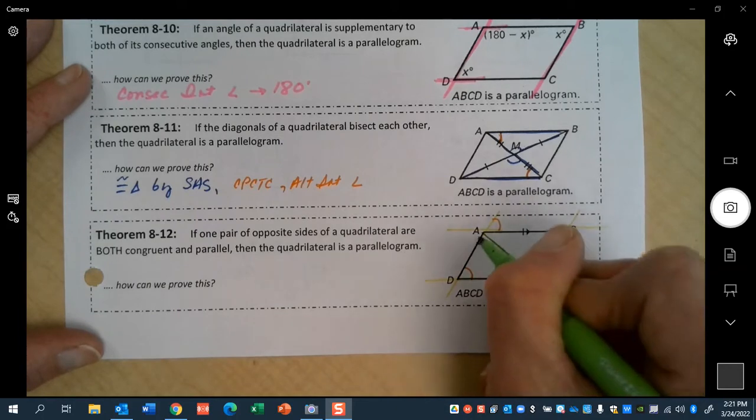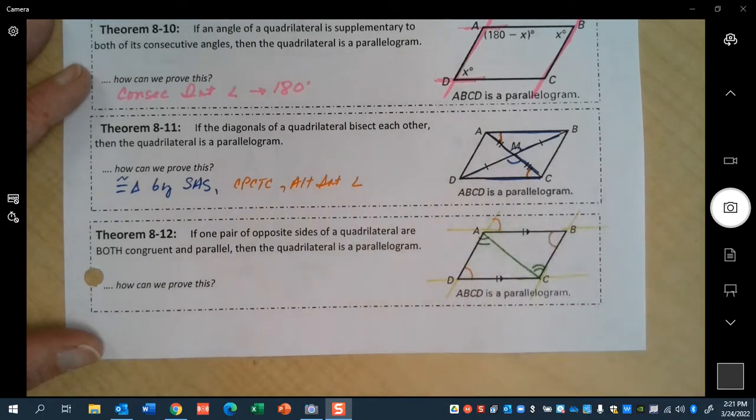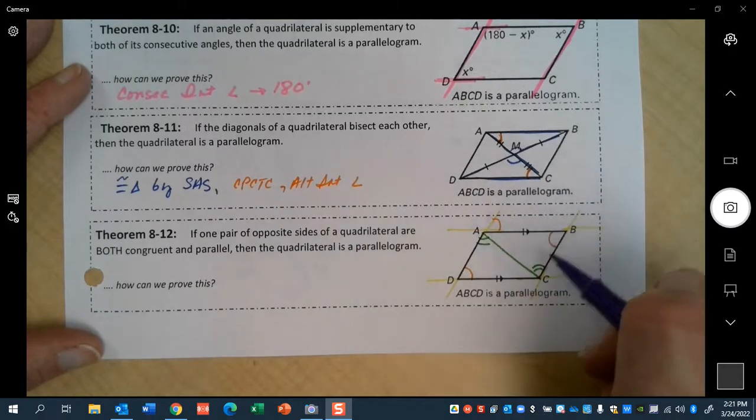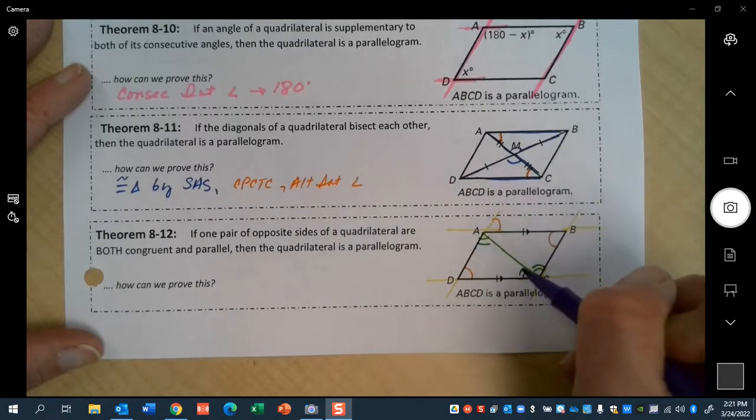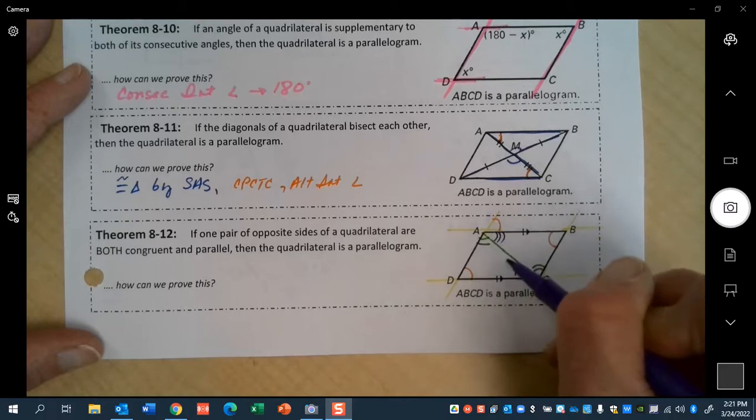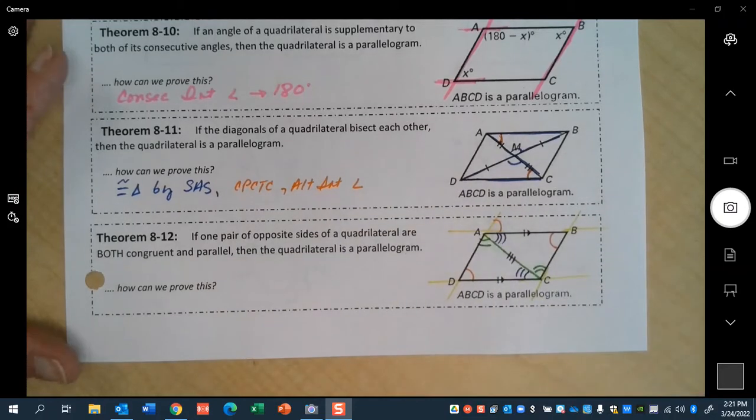And same thing to get DCA, or the reflexive property. And then we got AAA congruence, and then CPCTC gets us AD is congruent to BC, and then we can use theorem 88 to get. Very close. Very good. Go put up a Smarty. Did you know where they went south?